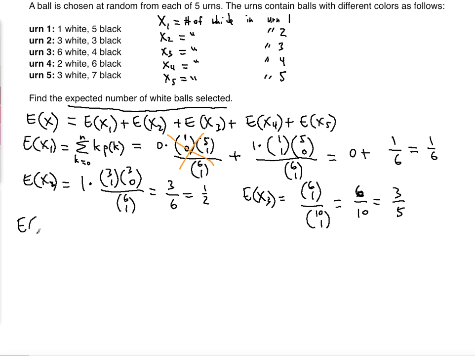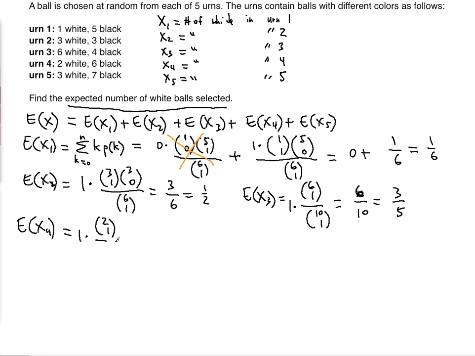Now, what's the expected value of the white balls in urn 4? Again, just take one case, and you're going to have to multiply by 1, but we can disregard it because it's not going to change the answer. Choosing 1 white, so choosing 1 from 2, and we don't have to write the choice of 0 black, because in each of those cases it was equal to 1.